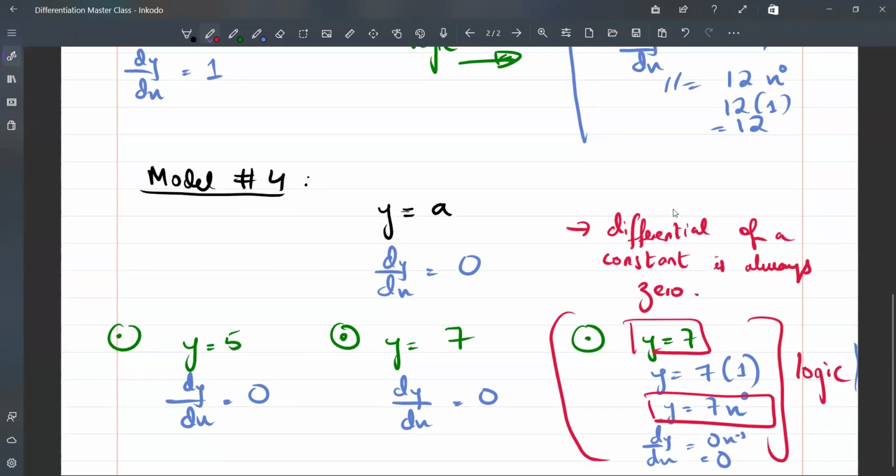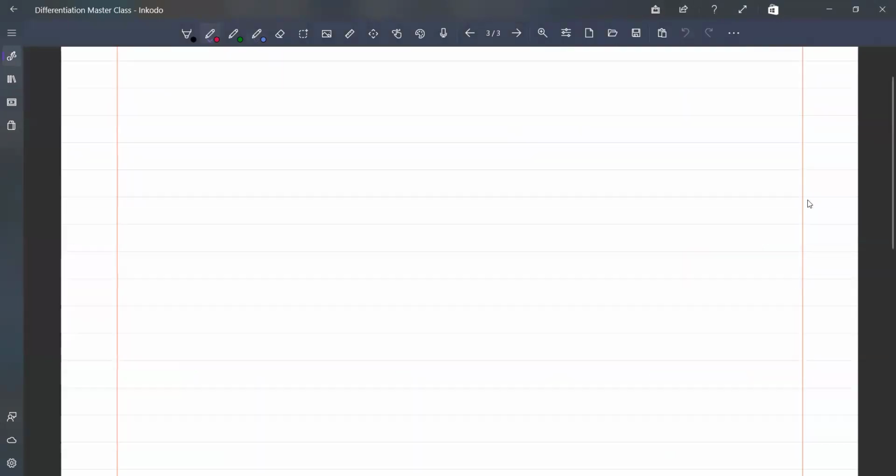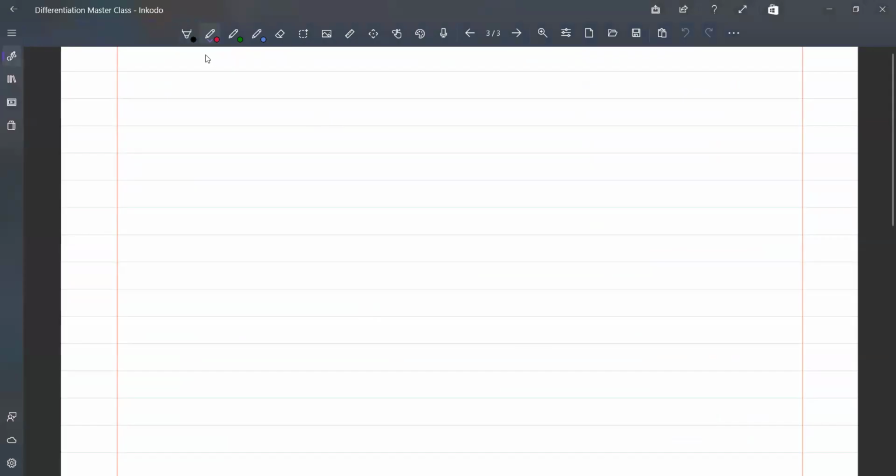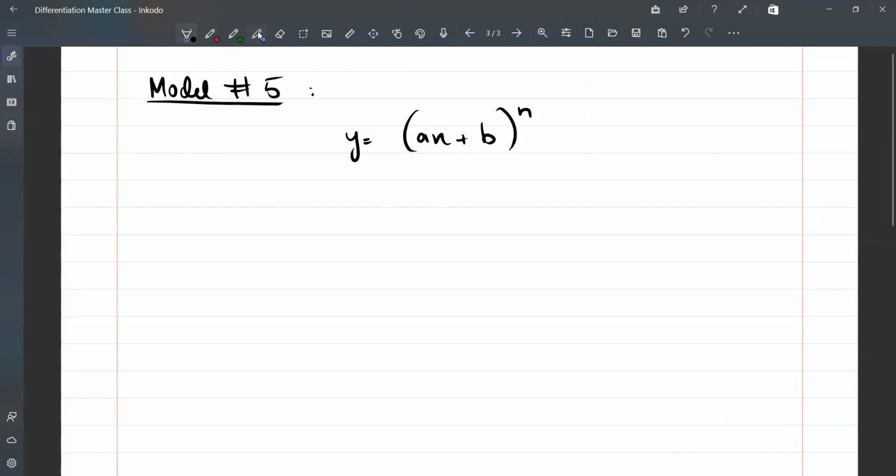Okay. So moving on to model number 5. All right. So y is equal to (ax plus b) power n.